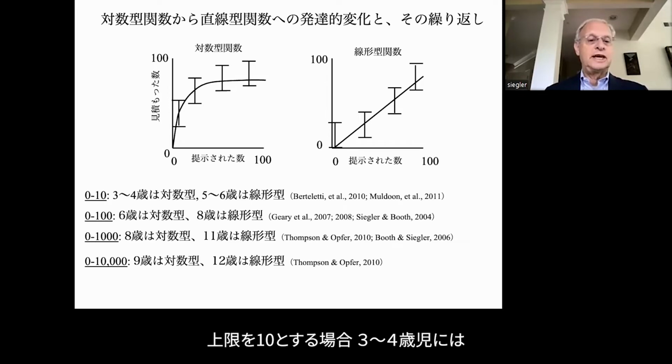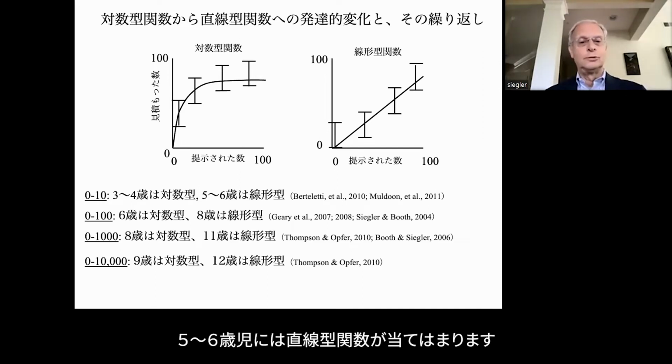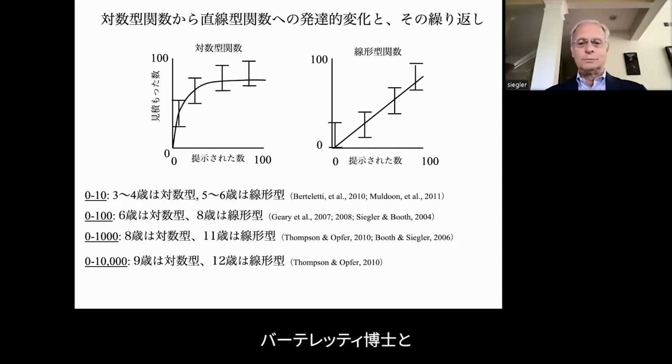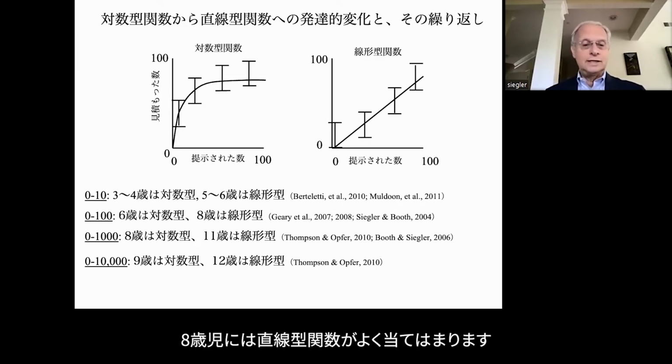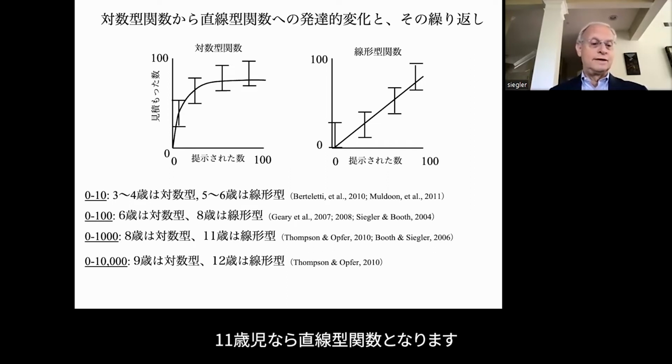So for the 0 to 10 range, 3 and 4-year-olds generate a logarithmic function, and 5 and 6-year-olds a linear one. Bertoletti found this in Italy, Muldoon found this in Ireland. 0 to 100, many people have found this: logarithmic at age 6, linear at age 8. 0 to 1,000, you just saw those data a minute ago, logarithmic at age 8, linear at age 11.